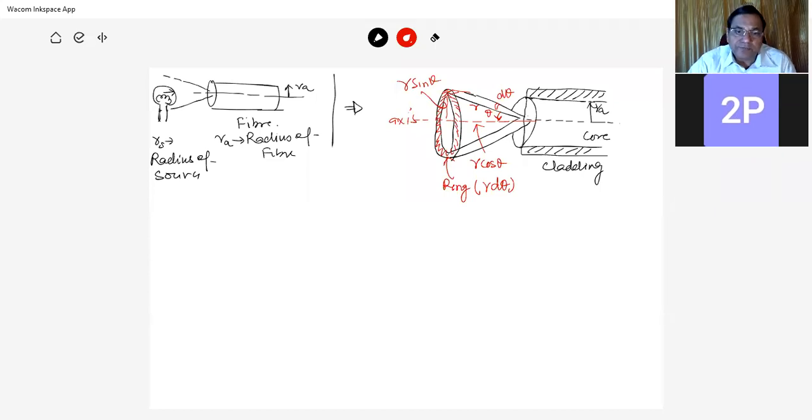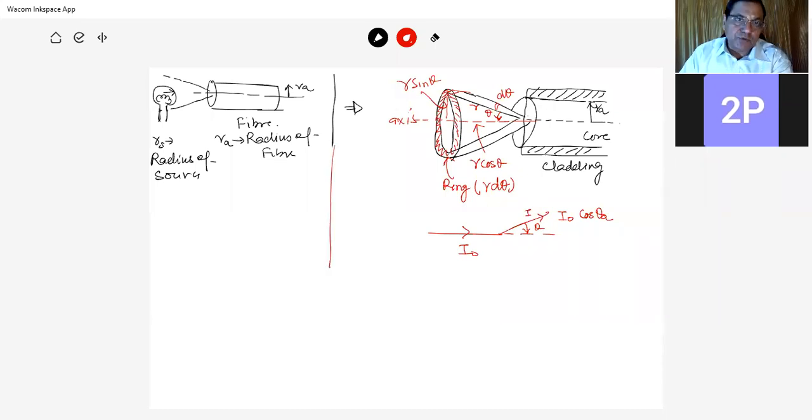And the second thing, suppose this is the I0 and the deviation is theta over here. So this is I0 cos theta A, I, the intensity at this particular angle.